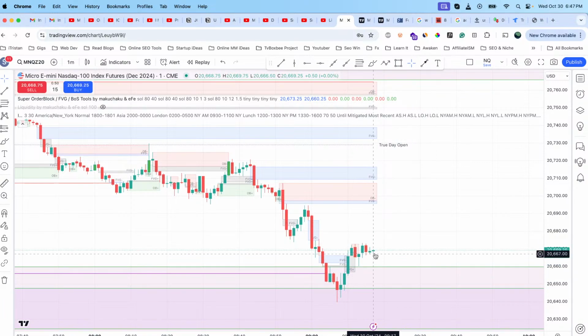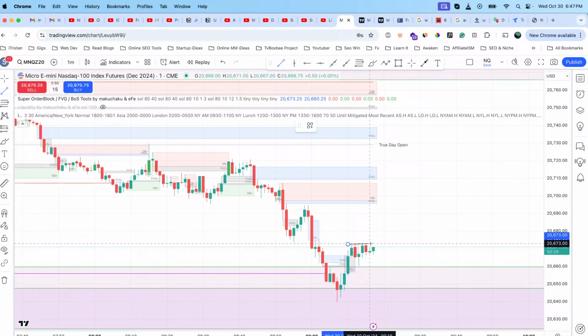You can see, because it's not in the kill zone, it's not in the 930. See how it's not doing anything, right?